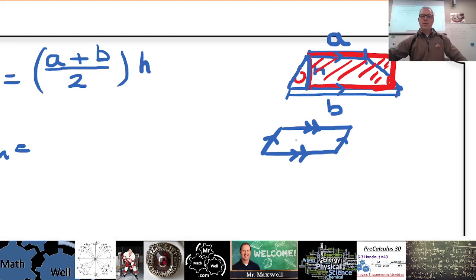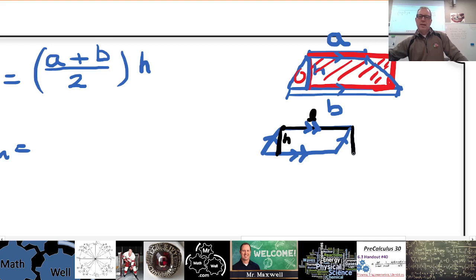And really, this one is really easy to understand as well, because you have a height and you have one of the sides there, and you just multiply really the length times the height.